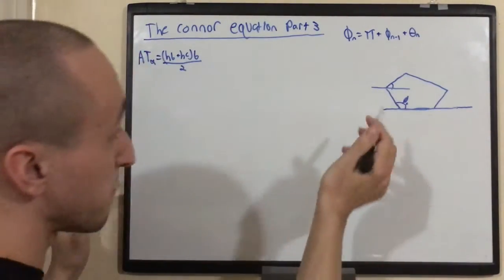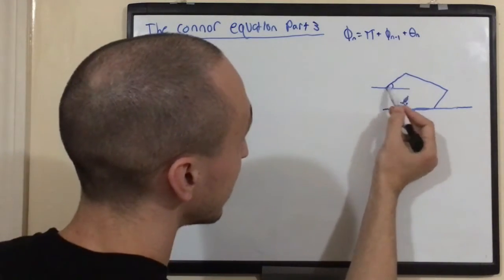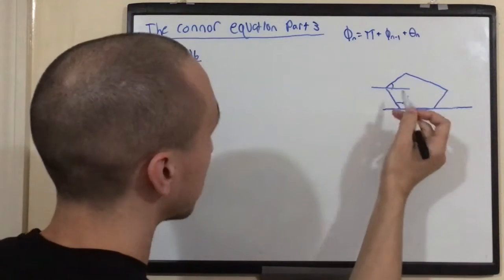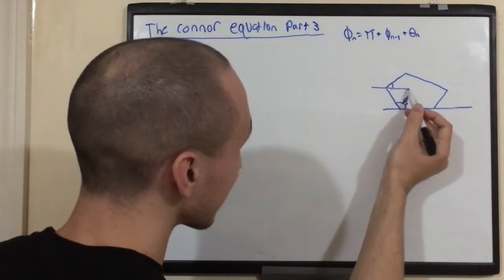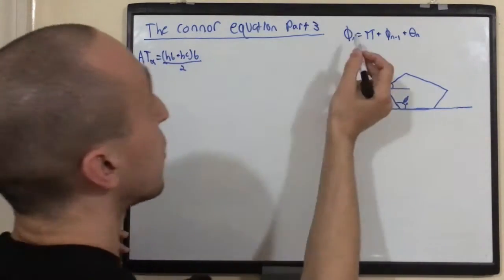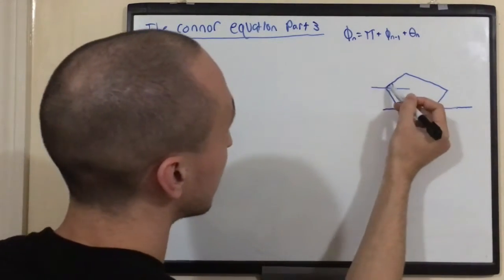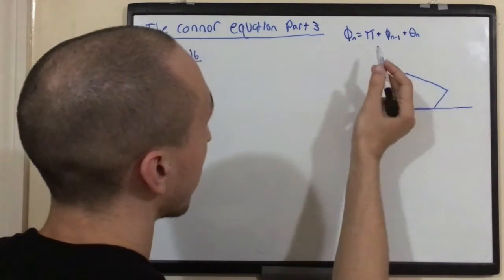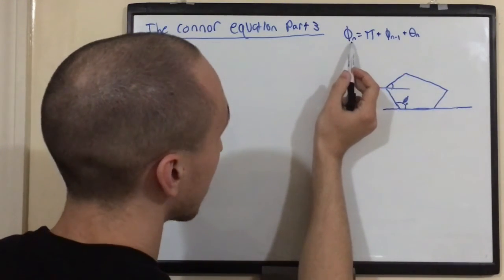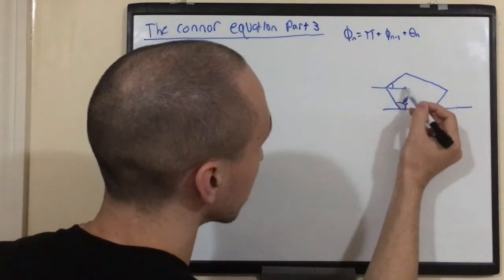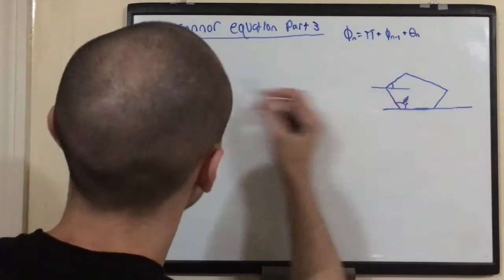Now, to get the base of the trapezoid, we're calling this the base now, to get this length, of course, we want to take the cosine. It's going to be the side length we're on times the cosine of phi n, and that will get us the base.